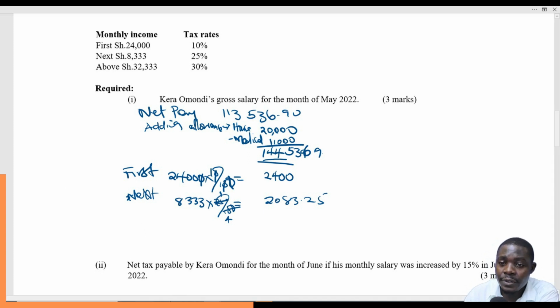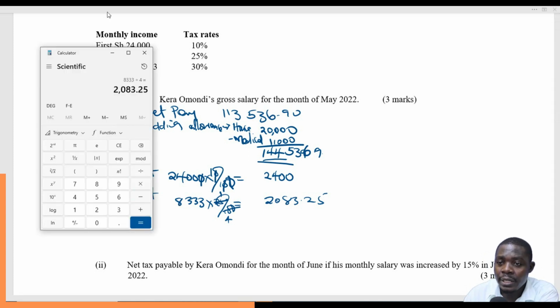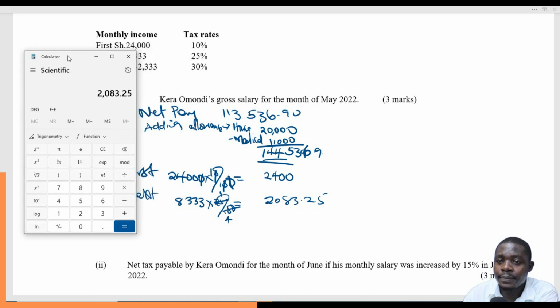Then we are told that above 32,333. Let's try to see. We have 24,000, and we add 833 to get 24,833.